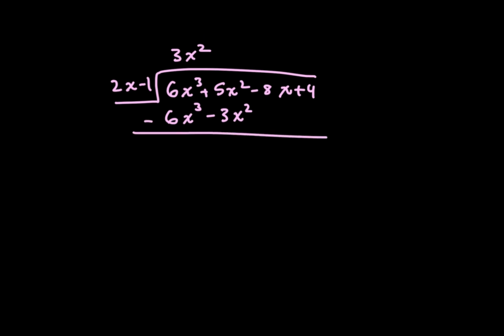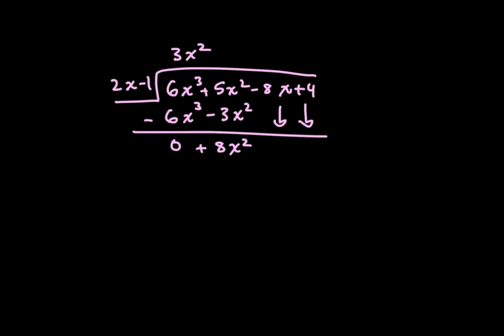So 6x cubed minus 6x cubed is 0. And then 5x squared minus minus 3x squared is 8x squared. And now all these terms on top, you can think of this like I'm subtracting them by 0, or you could just drop them down.